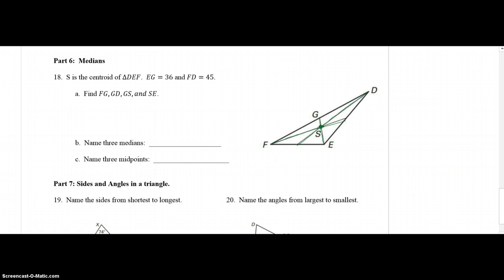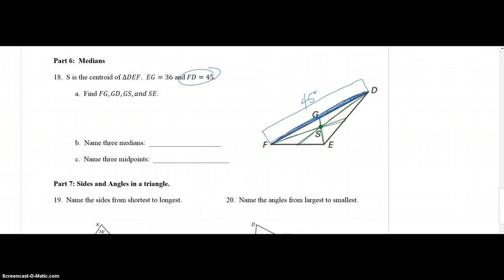Okay, so with that said, S is the centroid of triangle DEF. EG is 36 and FD is 45. I'm going to start with FD. From F to D, the length of the segment is 45.